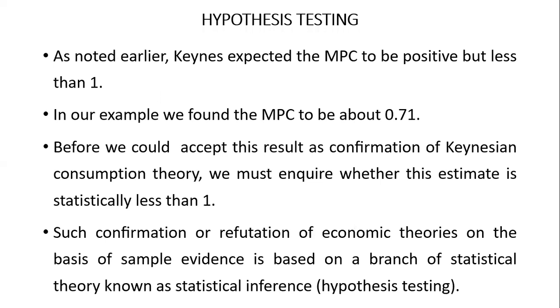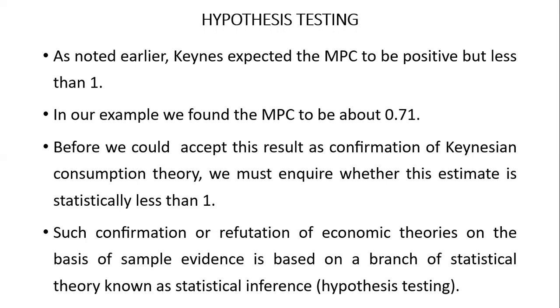So the next step is hypothesis testing. As noted earlier, Keynes expected the MPC to be positive, but less than 1. That is, to lie between 0 and 1. In our example, we find the MPC to be about 0.71.